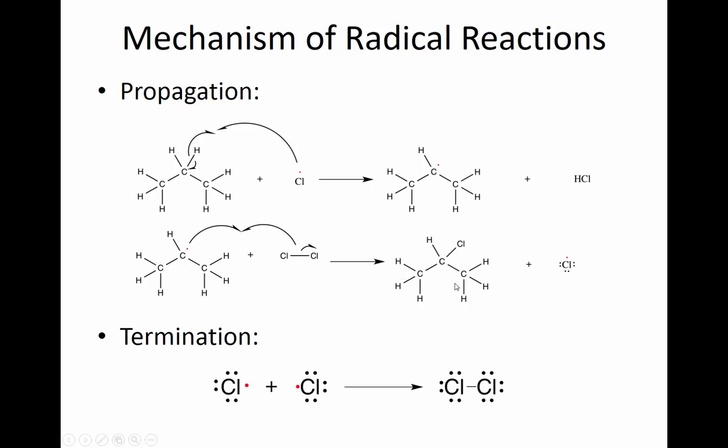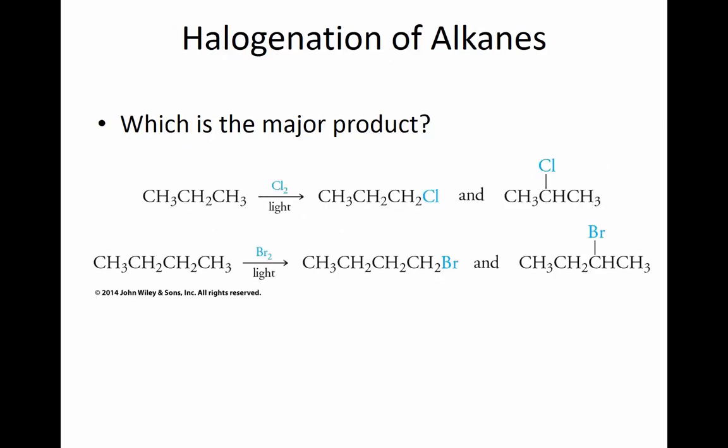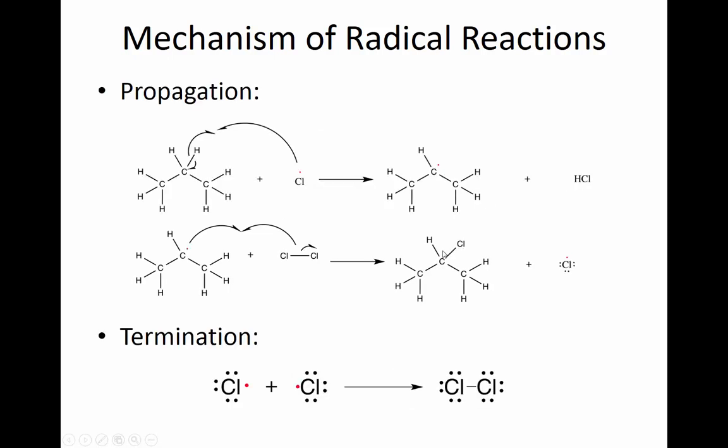The answer is in here. The more highly substituted is more stable, and so it'll be around long enough to give us a reaction. This is the more highly substituted carbon. You can see it has two carbon-carbon bonds instead of the ones at the end, which only have one. That's where the reaction is going to occur most often. So you're going to have this product be your major product.